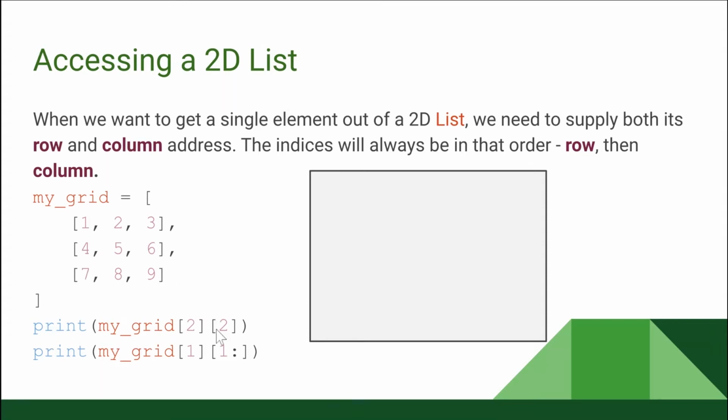From that row, I'm going to grab column number 2, 0, 1, 2. That's going to give me the value 9. If I want to grab from my row number 1, that's going to be my 4, 5, 6 row. And that row is a list, so I'm allowed to slice that list. So if I want to slice from index 1 until the end, it's going to start at index 1 in that list. It's going to be 5 until the end. So it's going to be 5, 6. It's going to be that whole end of the list.